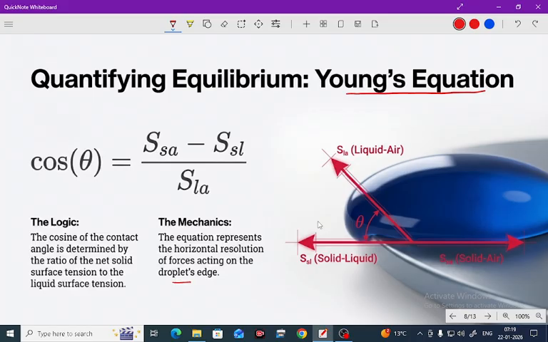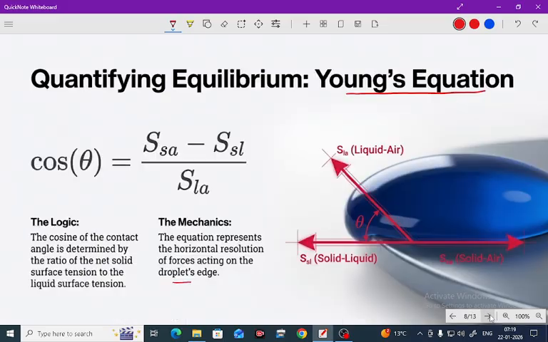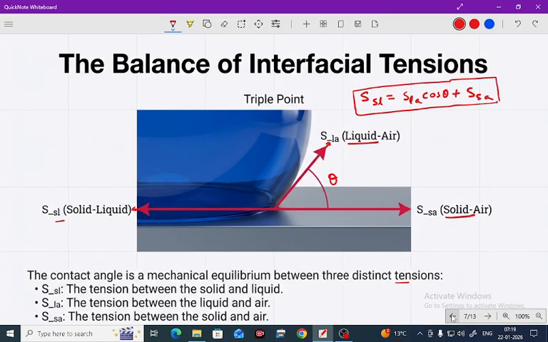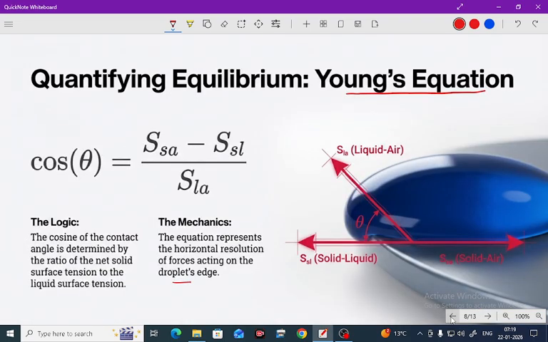In the previous case also, we get the same thing, SSL, and this is the mechanics.